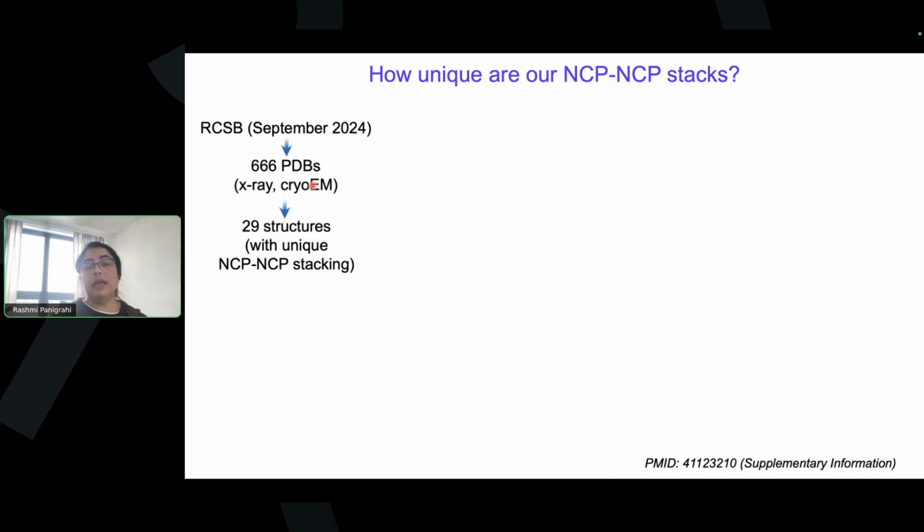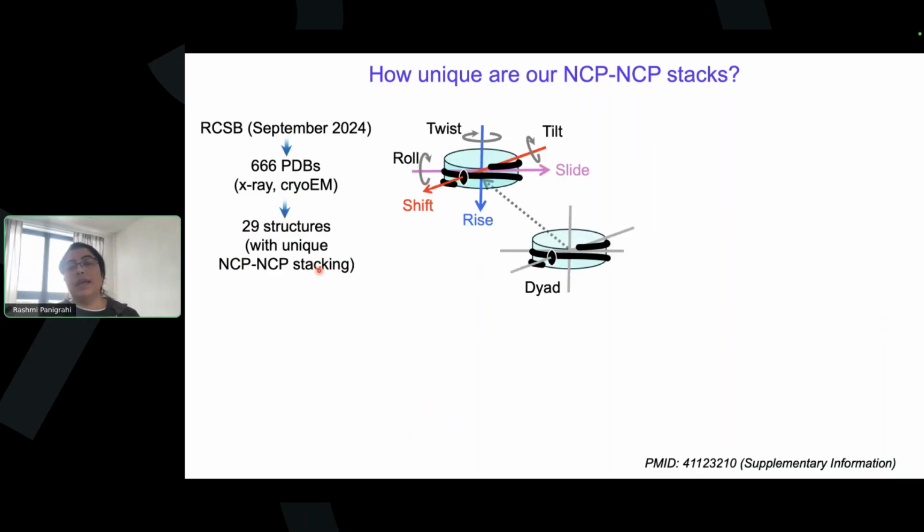By visually aligning them on our NCP structures, we identified there were 29 unique NCP stacks, and this 29 includes our 3 NCP stacks out of 4. In order to understand how the NCP-NCP stacking occurs, we only considered those NCP-NCP stacks where the disk of the histone faces the other disk of the histone.